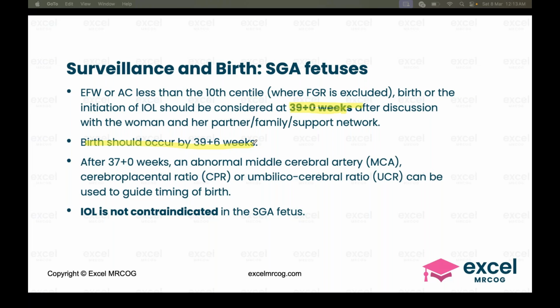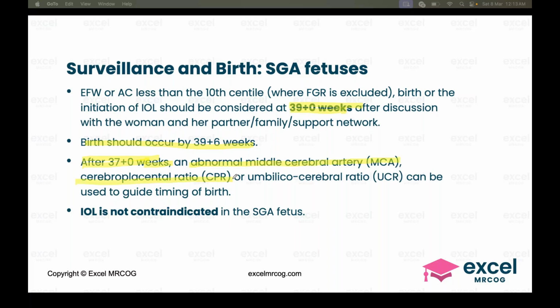All right. After 37 weeks, you assess this particular baby. And as I told you earlier, remember in late SGA or FGR, you check the MCA, CPR, the middle cerebral artery. So if there is an abnormality in the middle cerebral artery or CPR, it can be used to decide about delivery.